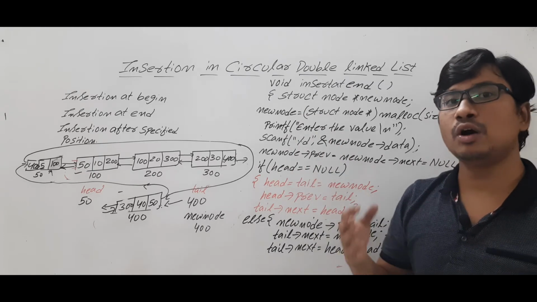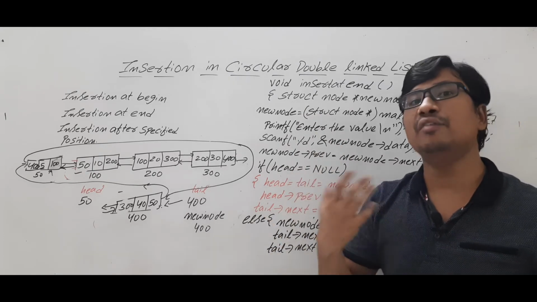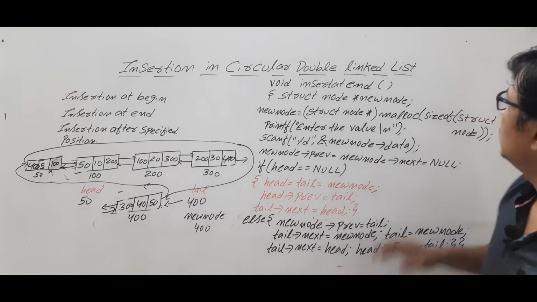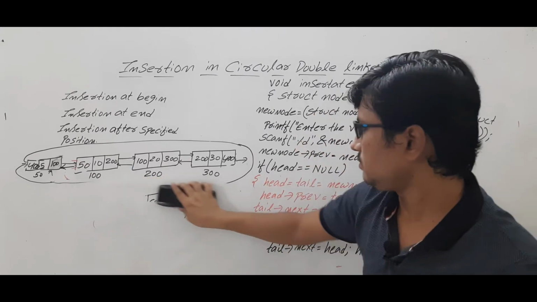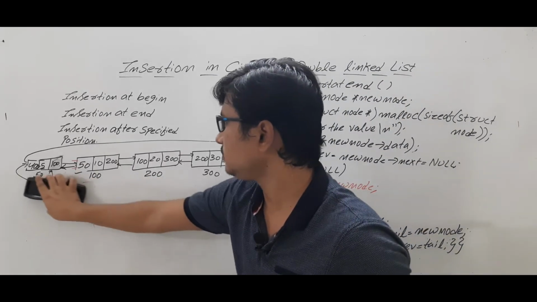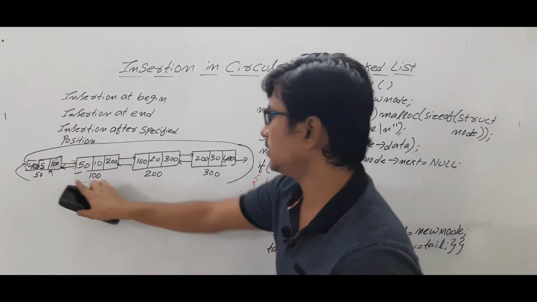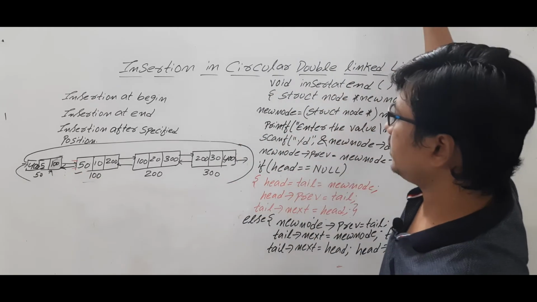Now let me discuss how we can insert a node after a specified position. To do that, let me erase all these things. Let me have the head and tail.